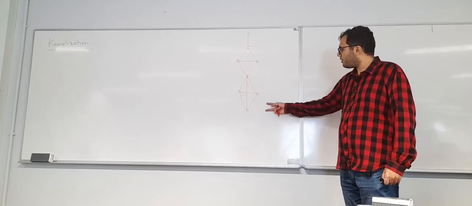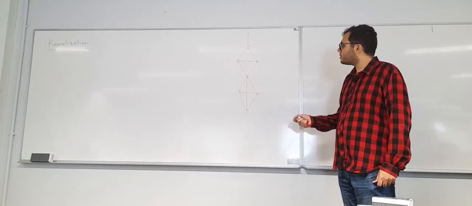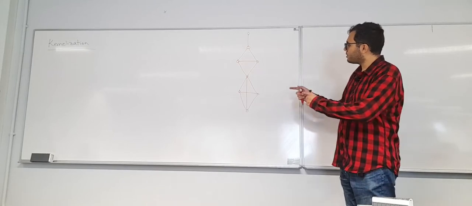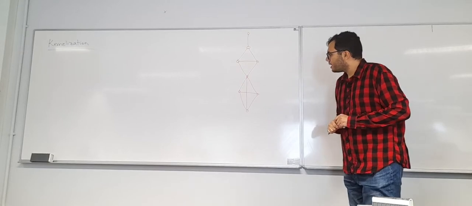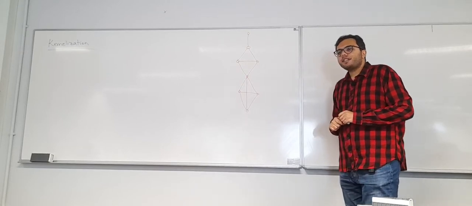So I give you a graph, I give you some number k, and I ask you, can you cover all the edges of this graph with k cliques? Of course, the cliques cannot have any extra edges in them.